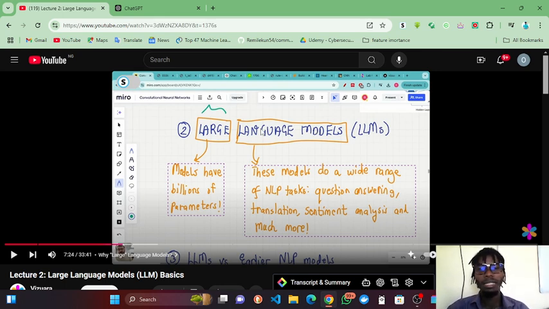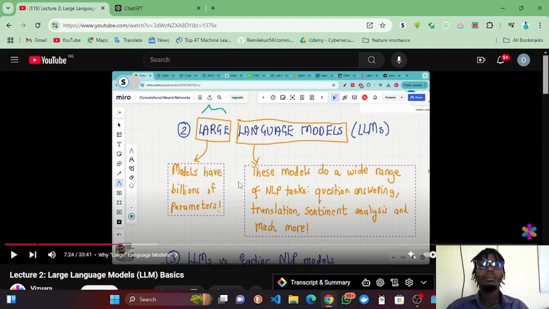Why can't we call it a language model, since it is dealing with human language, right? The reason it is called large is because of the number of parameters.